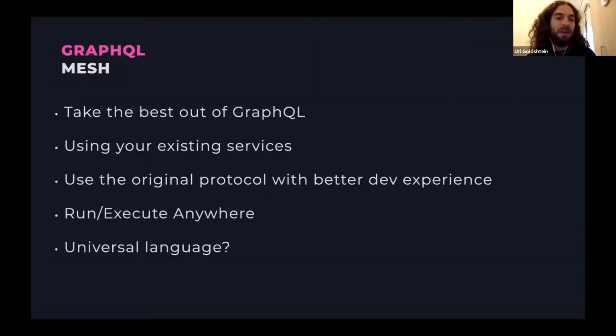So again, the idea was that you get the query language and the developer tools. You get to send GraphQL queries, but it's all on top of existing services. You didn't need to build a new GraphQL server. It was generated for you. And another very important point here is that this GraphQL execution, this thing that calls all those different sources, merges them into one thing, and provides you the result that you expect to get, the result of a GraphQL query, could be run and executed anywhere.